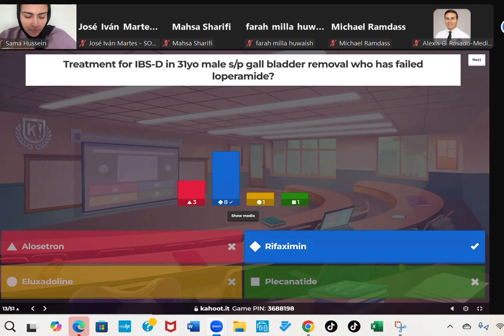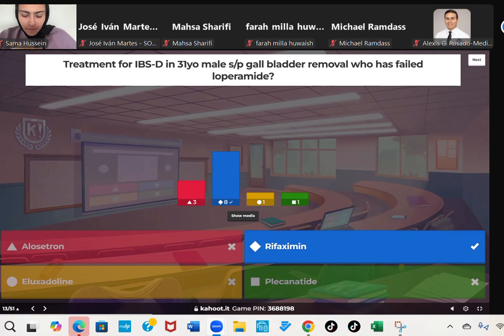They don't have a gallbladder. So what happens when you don't have a gallbladder and you use eluxadoline? More complications. What kind of complications? Pancreatitis risk. Yeah, pancreatitis. All right. So eluxadoline is contraindicated in patients who don't have a gallbladder. It is for IBS-D. It is for patients who are XX or XY.